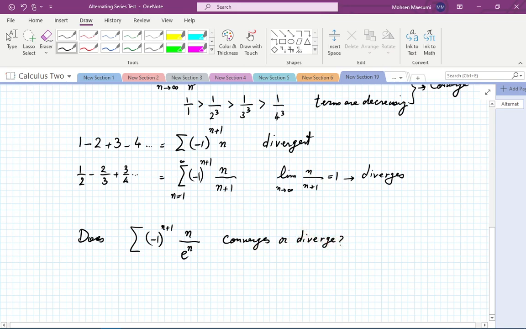So question 1. Does it converge or diverge? What do you think? Maybe I wait a minute and then you go ahead.